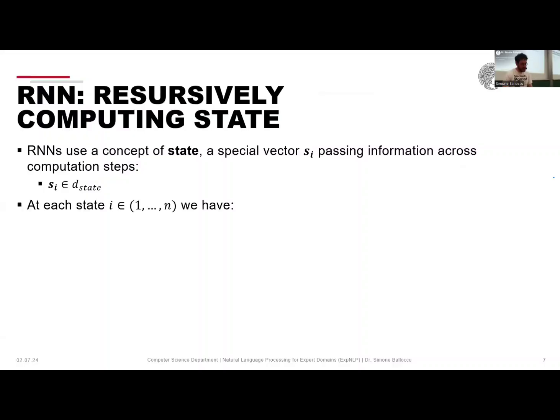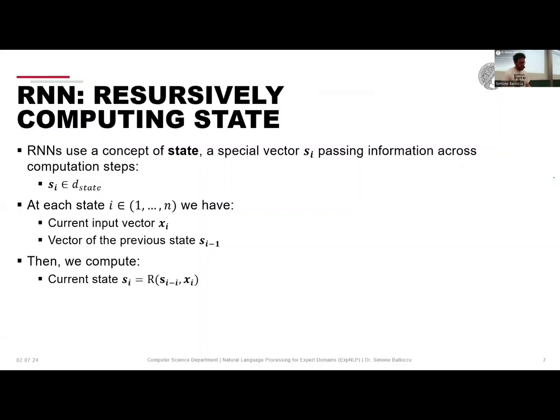And at each step, we have the current input, xi, and the previous state, so the memory that we carry from the previous computation. And we compute the current state, which is the new memory, which takes into account the new information we saw. What's R? Because you see that si is some R function of the previous state and the input. We'll find out later. Don't worry about it.